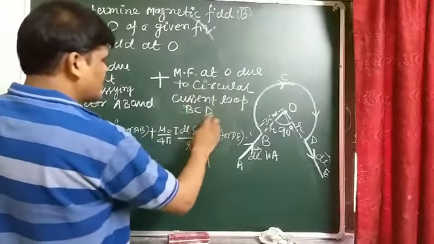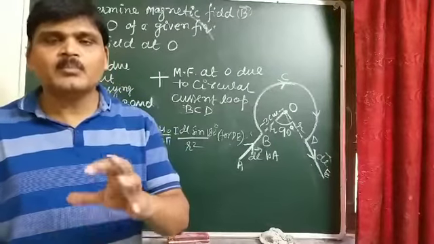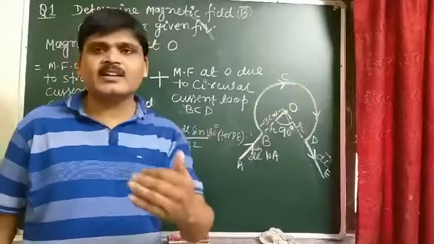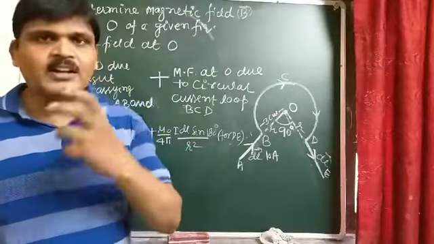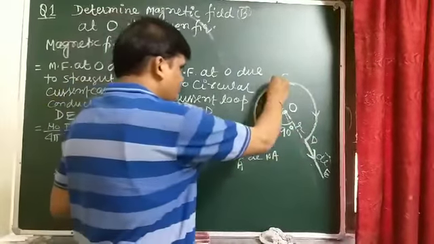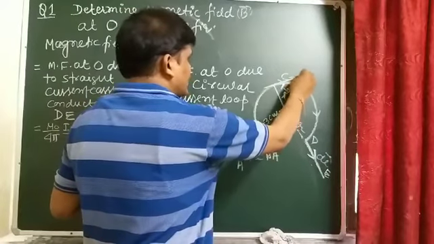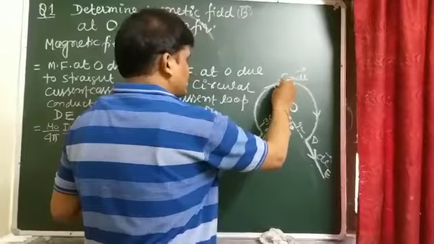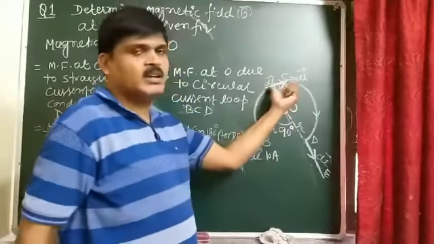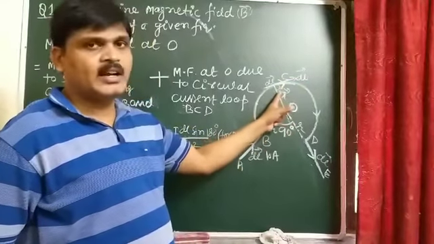due to the circular current loop. And you know that the magnetic field at O, this BCD acts as a current element, and this will be the vector R, and the direction of dl, suppose this is dl, the direction of the dl current element vector and the radius vector is 90 degree.